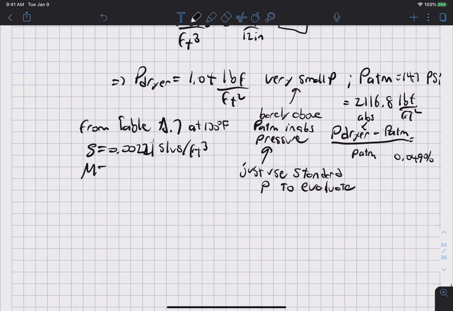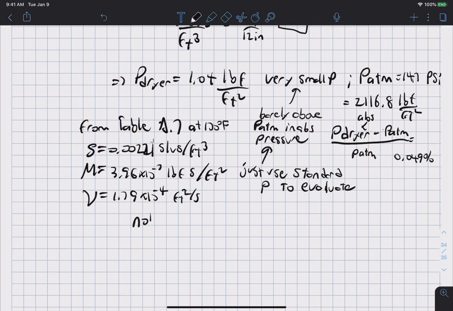Mu equals 3.96 times 10 to the minus 7 pound force second per foot squared, and the kinematic viscosity is equal to 1.79 times 10 to the minus 4 feet squared per second.